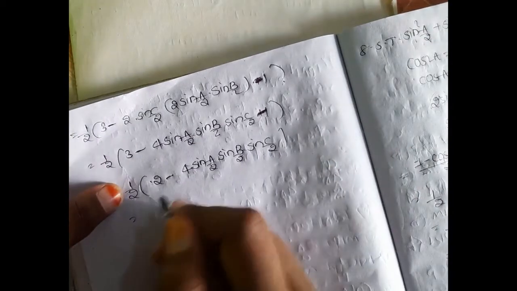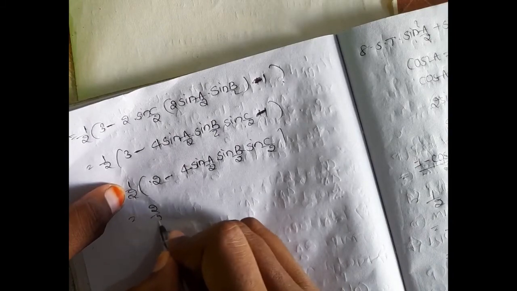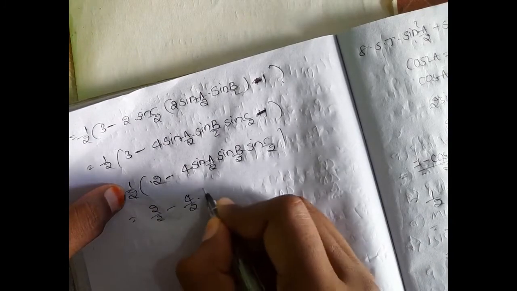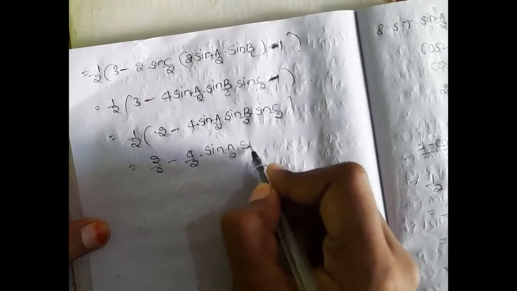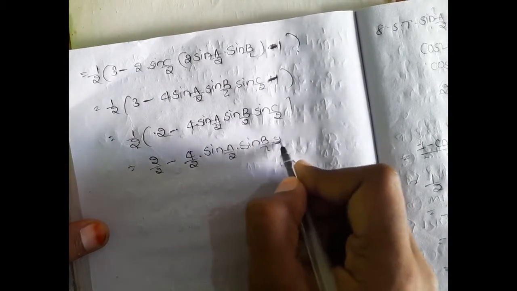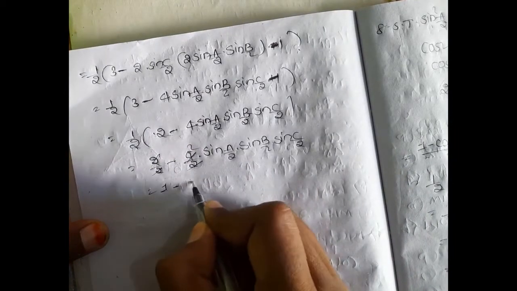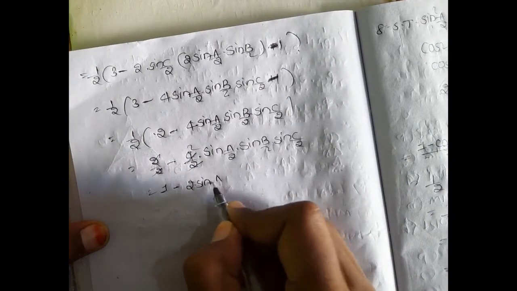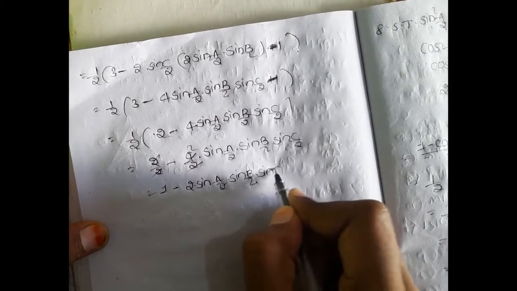Now just multiplying 1 by 2 with all: 2 by 2 minus 4 by 2 sin a by 2, sin b by 2, sin c by 2. Now 1 minus 2 sin a by 2, sin b by 2, sin c by 2.